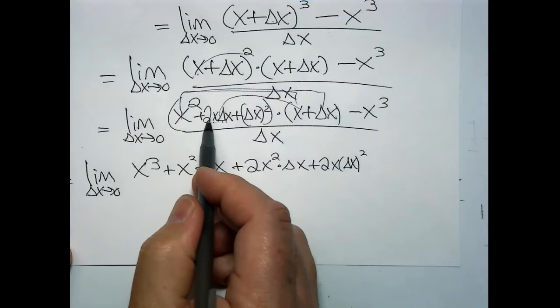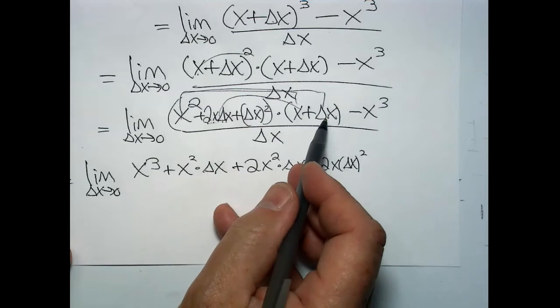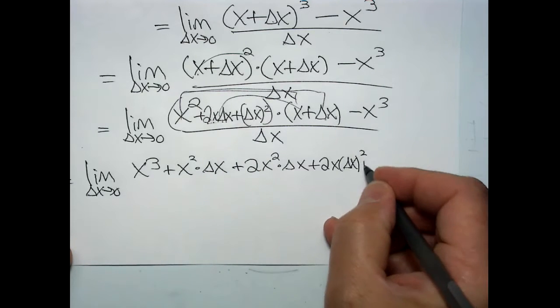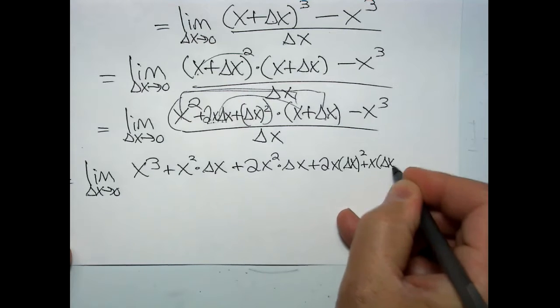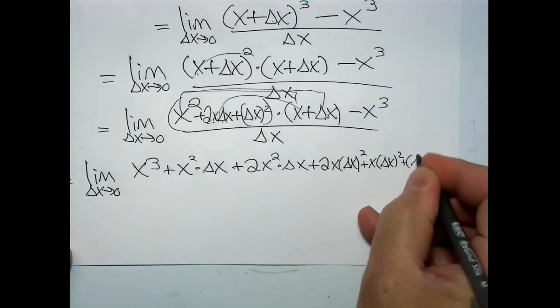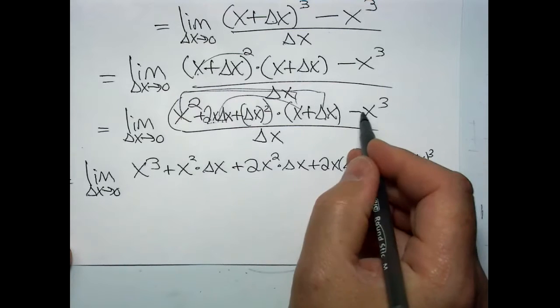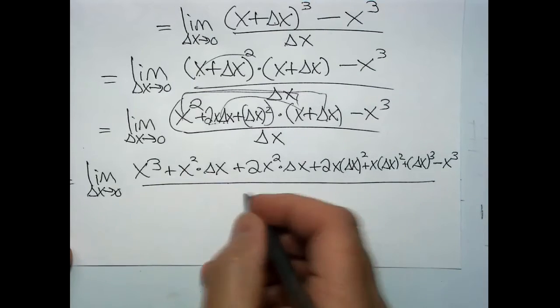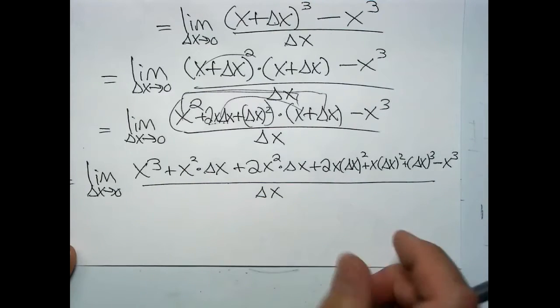I get delta x squared, right? 2x delta x delta x. Got it. Last but not least, delta x squared gets multiplied by the letter x, and delta x squared gets multiplied by a delta x. Oh, and don't forget, minus x cubed. Thankfully, I have some room for that. Wow, look at all that multiplication we had to do.